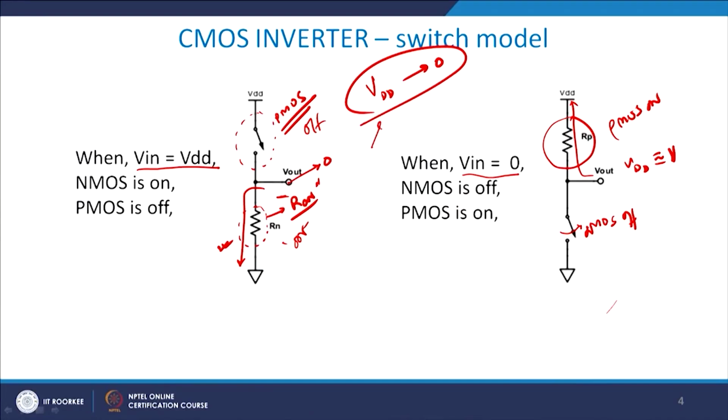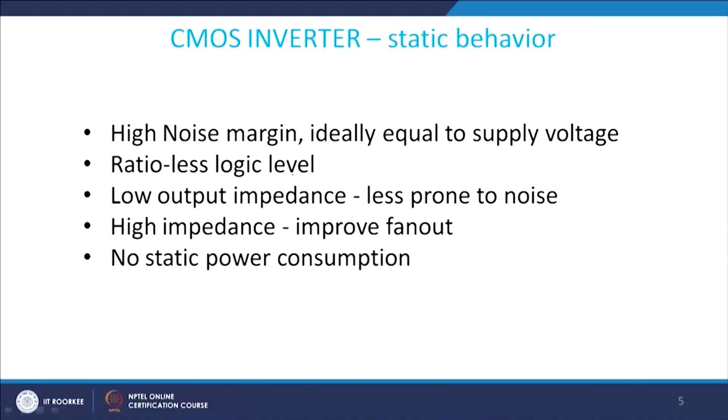So, we have large swings associated with the CMOS inverter switch model, and the reason is that you allow the output voltage to go till VDD when my PMOS is on and go to ground when my NMOS is on. That is the reason you therefore have a very high noise margin available, ideally equal to the supply voltage.